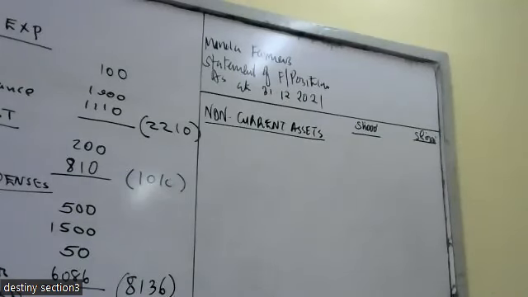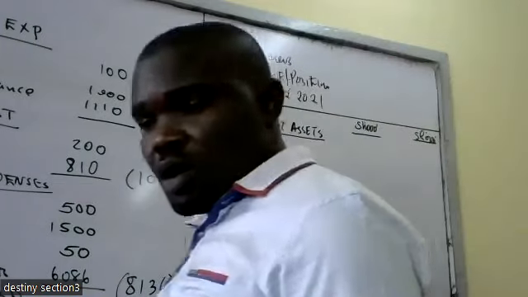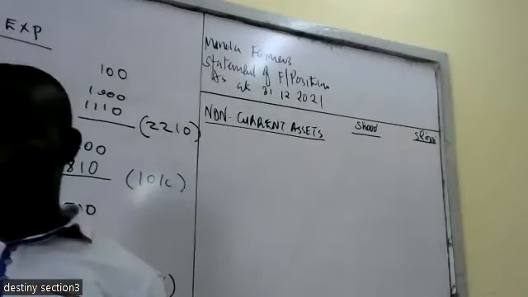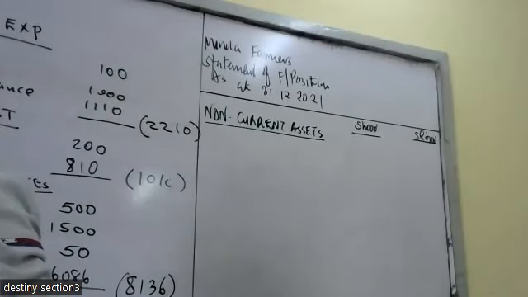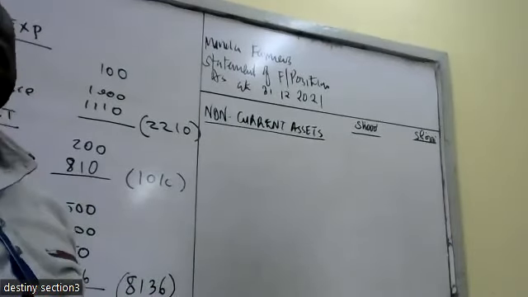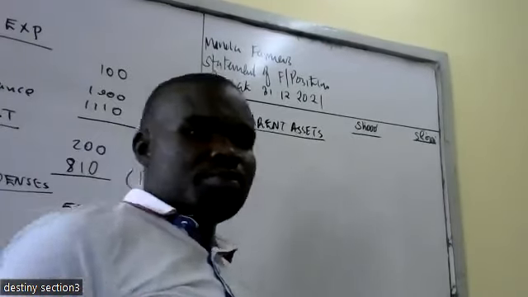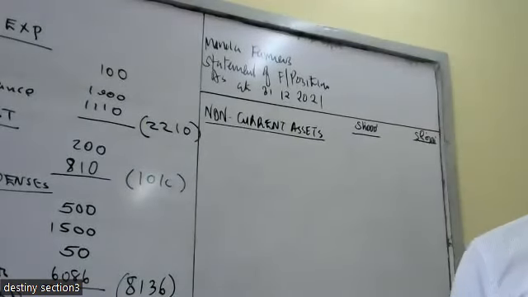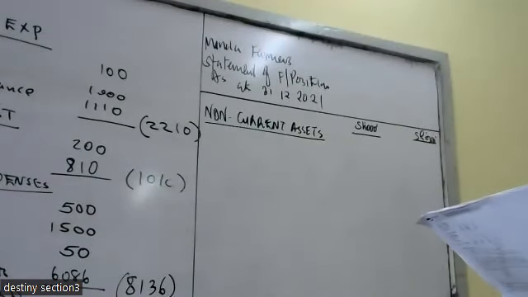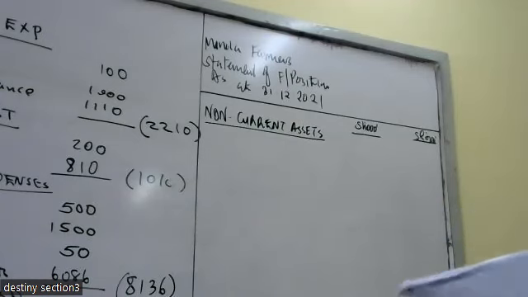Non-current assets. Can you try to pick them top down? You are working from top down. So from top, what are you seeing? We can start from bottom to get a big top.